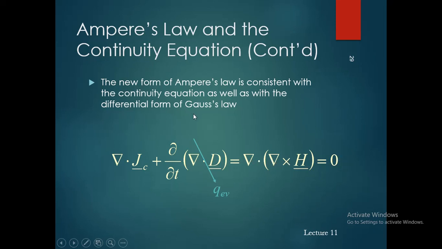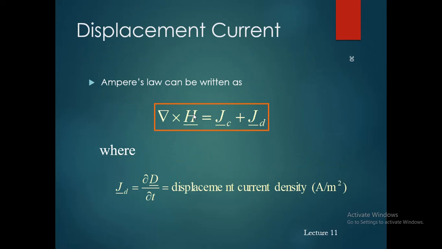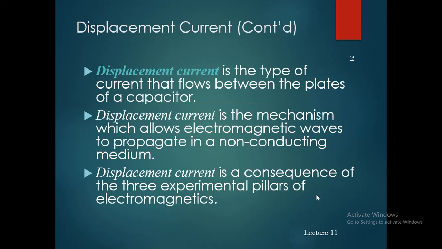From that we may write del cross H is equal to JC plus JD. Here JC is the conduction current density and JD is the displacement current density, defined as ∂D/∂t, which is measured in amperes per meter square.